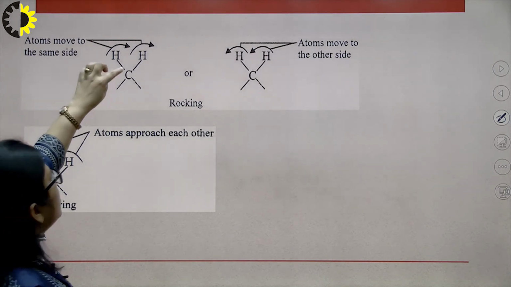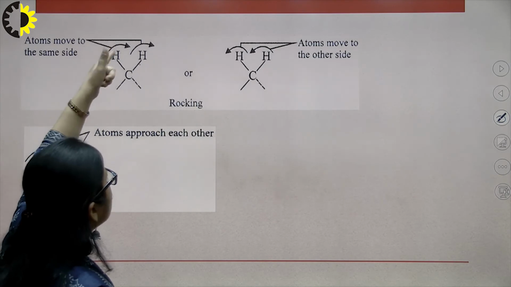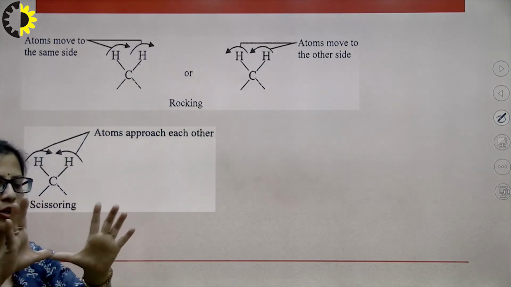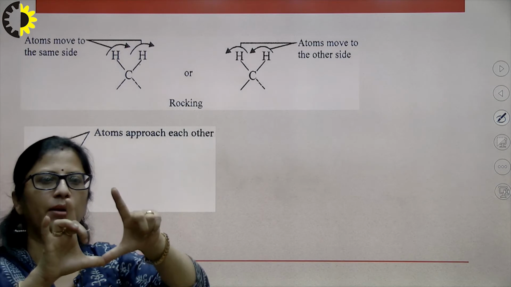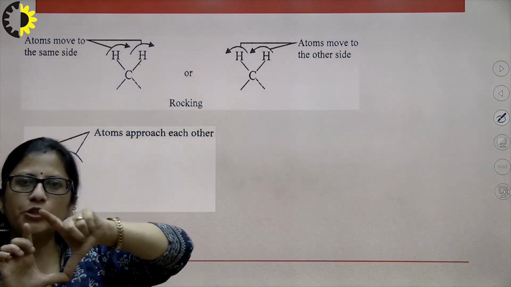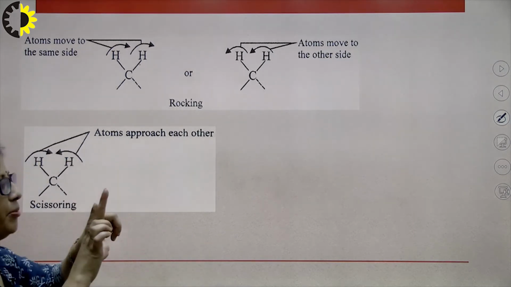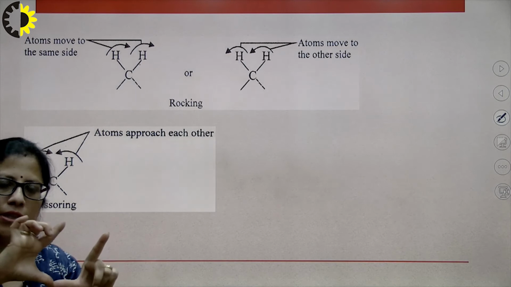When the two atoms which are joined to the central atom move in the same direction, then it is said to be the rocking movement, and it may be on this side or this side.